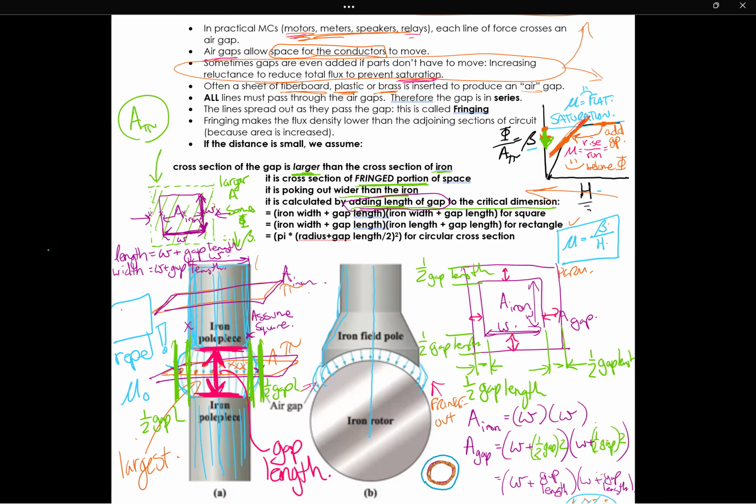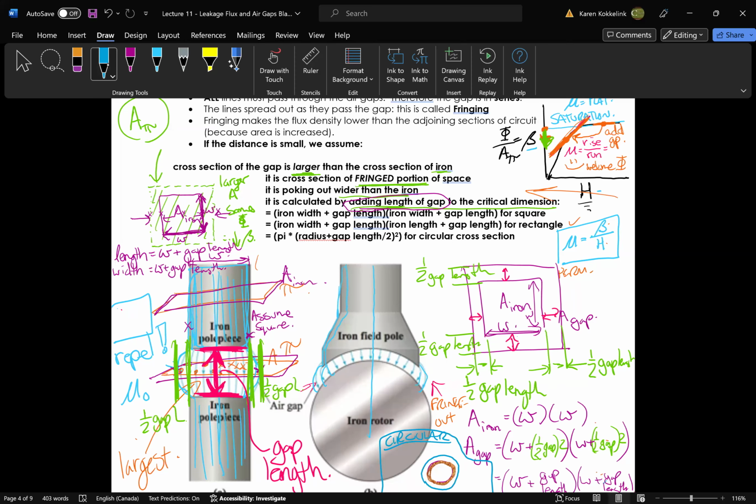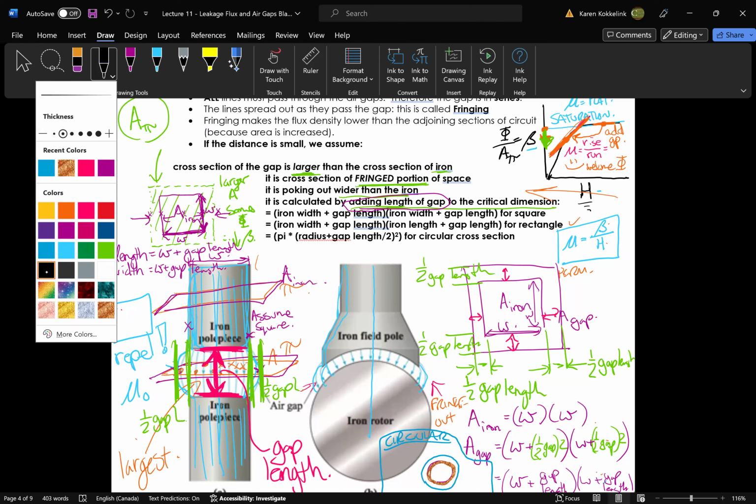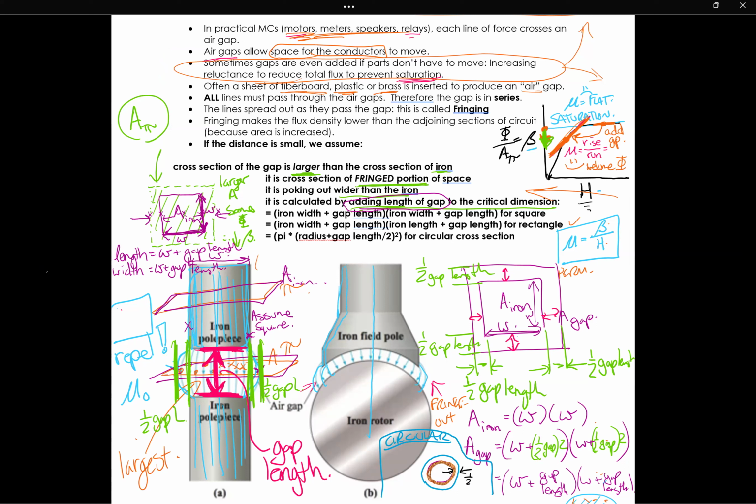And the critical dimension in a circular cross section would be the diameter, right? And that diameter then would have to increase by total gap length. It means that there would be 1/2 gap length on this side, and 1/2 gap length on this side.